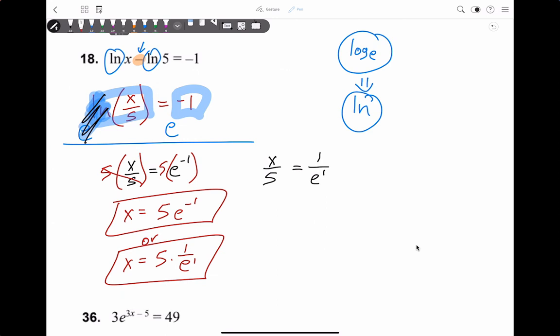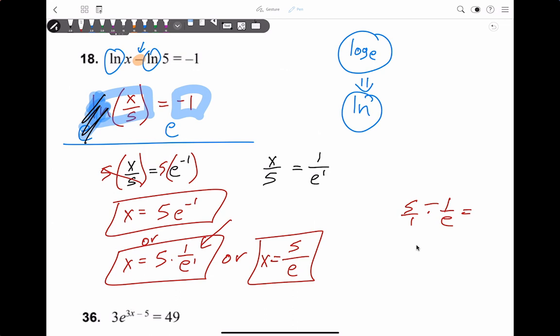And yes, since it's 5 over 1, you could write it as 5 over e. That's just combining fractions that are multiplied together: 5 over 1 multiplied with 1 over e. These together become 5, and these together become e, so you get that value right there. This is my answer: 5 over e.